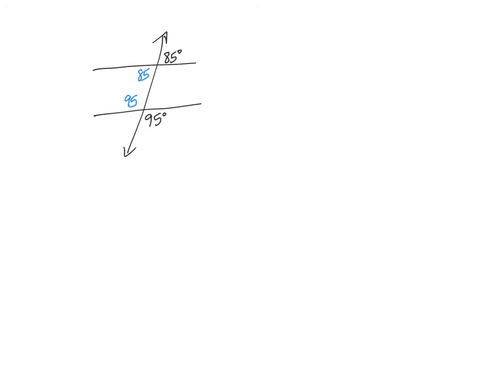And then, well, now I've created consecutive interior. 95 and 85 are consecutive interior angles, and 95 plus 85 is 180 degrees. That means they're supplementary, and consecutive interior angles are supplementary. So this one is, yes, there is enough information because consecutive interior are supplementary.